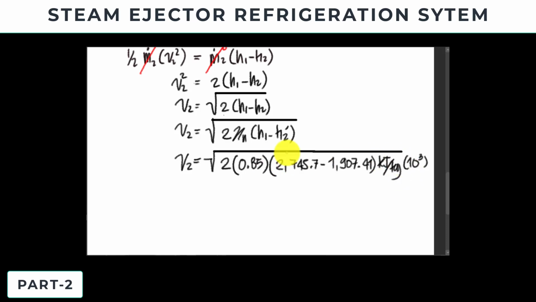so that we can integrate that during the square root. So we have your velocity 2, which is equal to 1193.77. The unit now is meter per second.